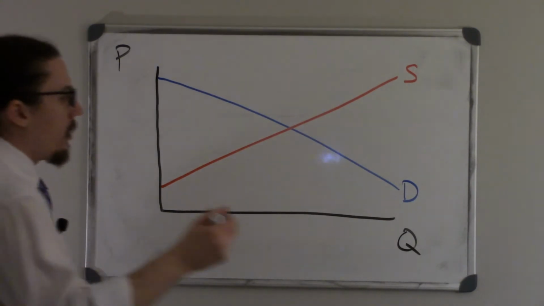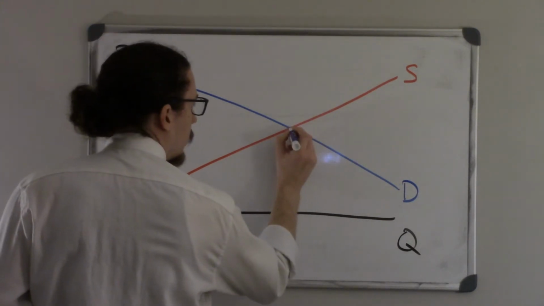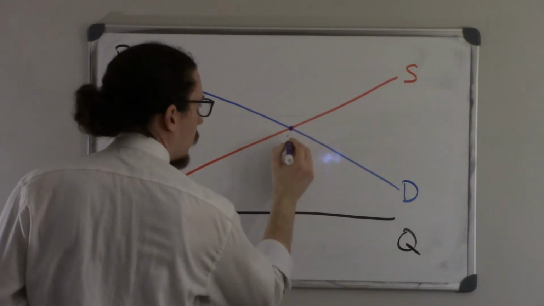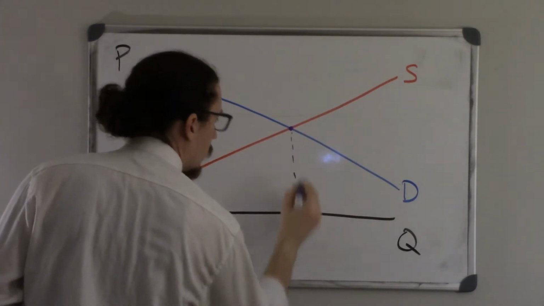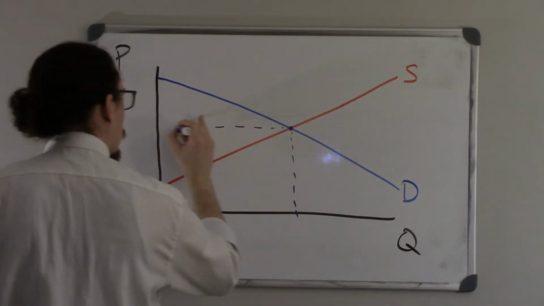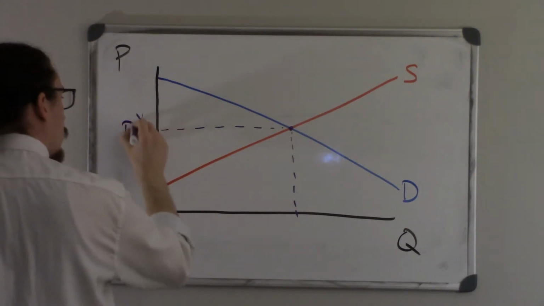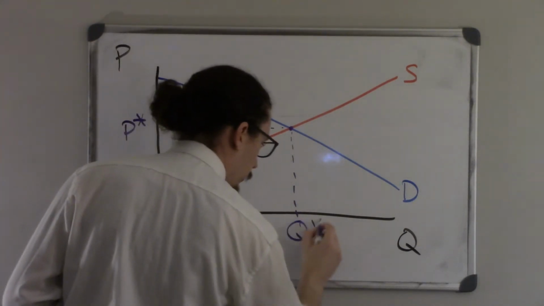Where our supply and demand curves intersect, that is our equilibrium.